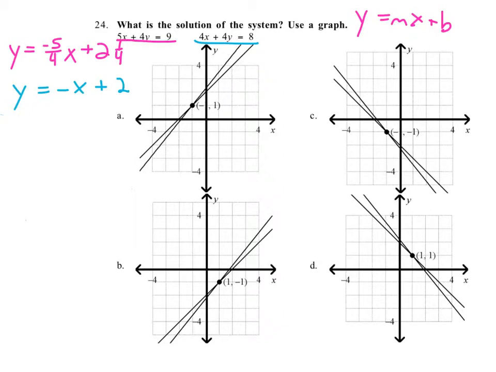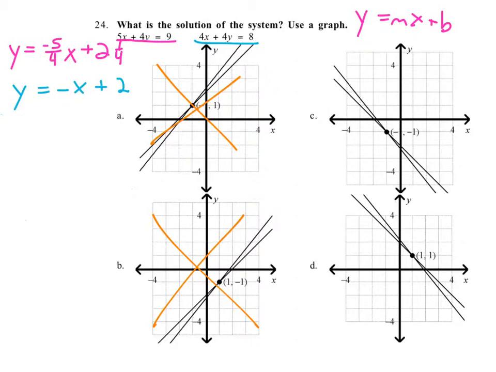So we're looking for one of the graphs that has two lines with negative slopes, and that already straight away will eliminate this one. They're both positive slopes, and this one, both positive slopes. And we need the two lines to be crossing the y-axis at, one of them crosses at 2, one of them crosses at a little above 2.